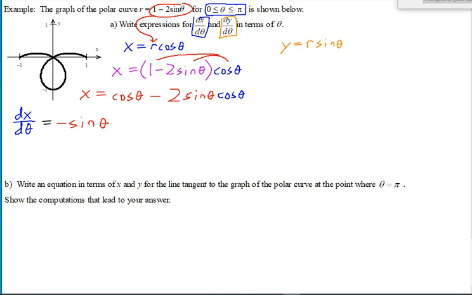And then this one, if you treat the negative 2 along with the sine theta, you have to use the product rule. So the derivative of the first one is negative 2, derivative of sine is cosine, times the second one, cosine theta as it is.